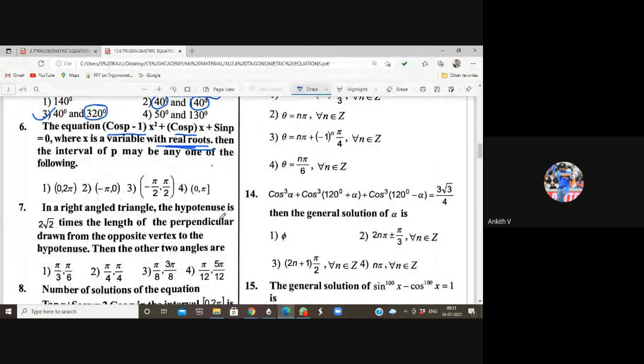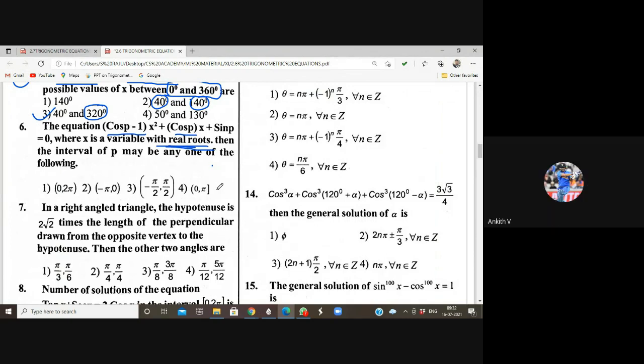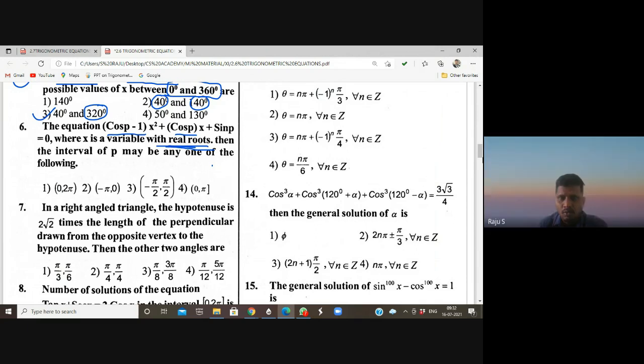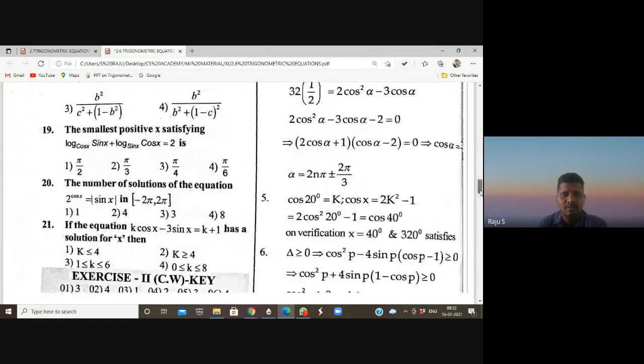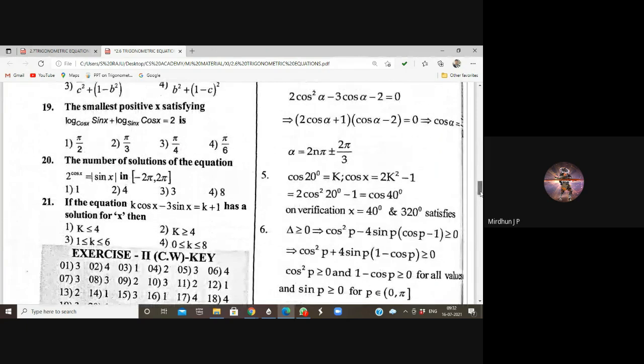Cos 90 means 0. Can you show the answer? Anyone, what is the correct answer? 90 will not come, so the third option we can eliminate.